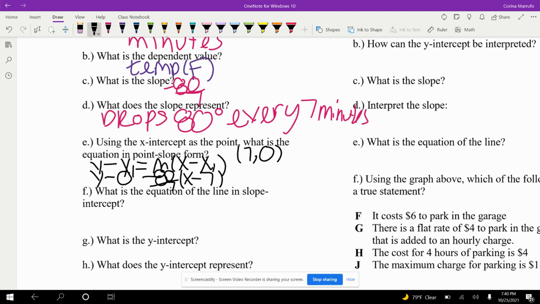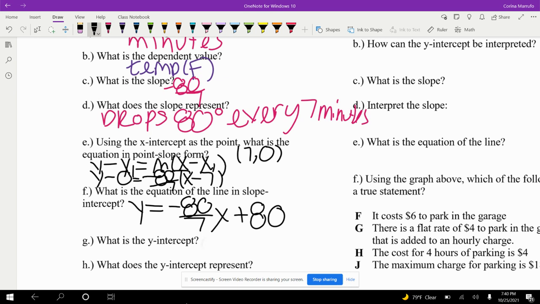Now in slope intercept form, we simplify it. So y minus 0 is just y equals, and then we go ahead and distribute the negative 80 over 7 to each one. So negative 80 over 7x. Now negative 80 times negative 7, two negatives make a positive, and that's going to give me a positive 80. When I put that in my calculator, 80 over 7 times 7, and that's it.